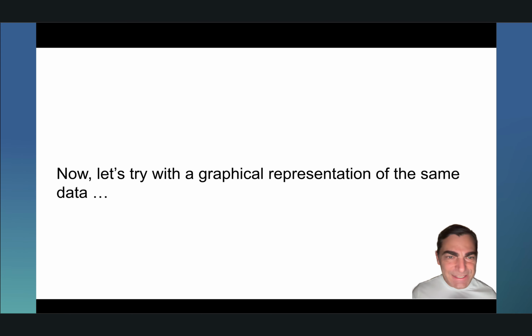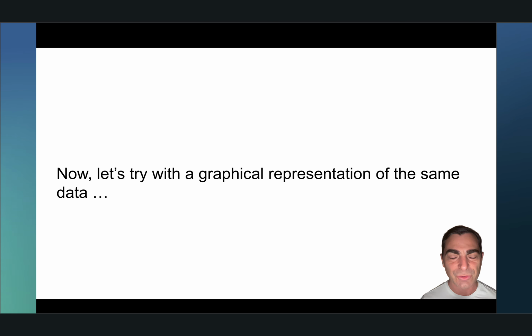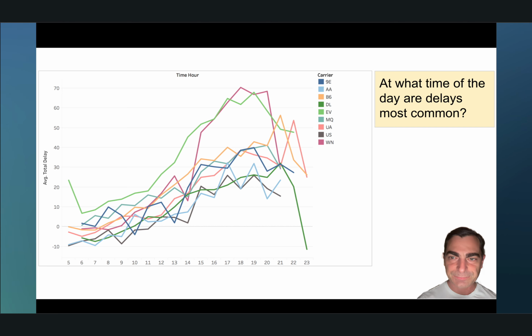Okay, so now let's try to do exactly the same thing, but with a graphical representation. I will go through the same questions and now try to answer them looking at the graph that I'm going to present. Once again, I suggest you pause the video for a moment and see if you can answer, and how it feels compared to doing the same task with the table.